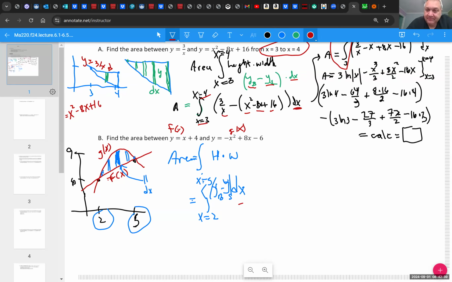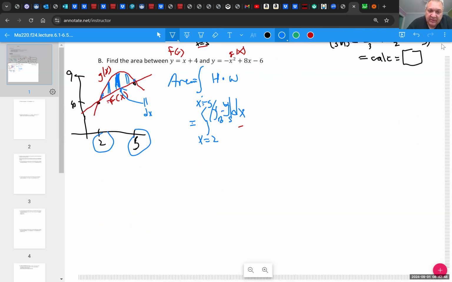Everything has to be in terms of x. All right. So we already know the top function is that g function, the x squared function. So this is going to be the integral from 2 to 5 of the big y version, which is the parabola looking thing, minus the small one, which is the line looking thing.